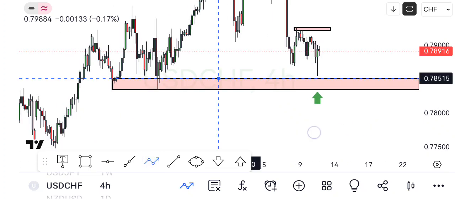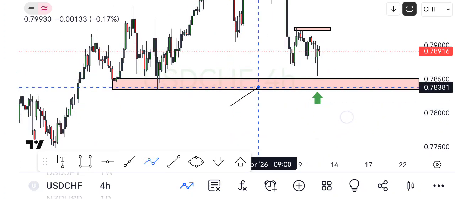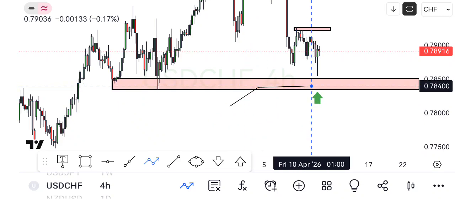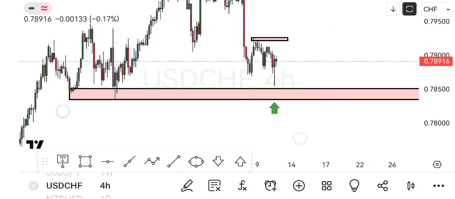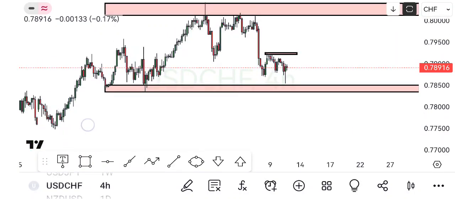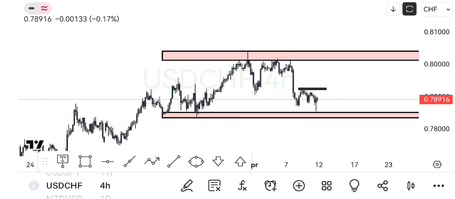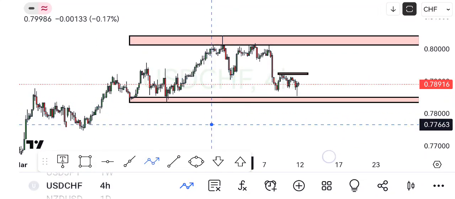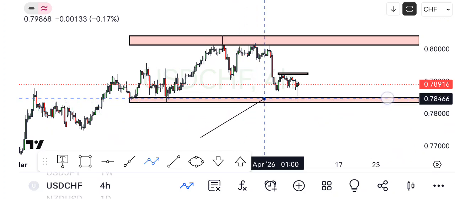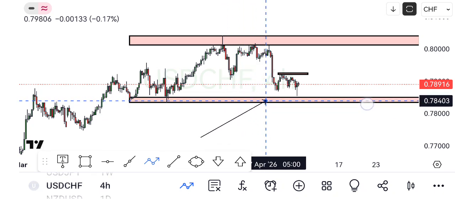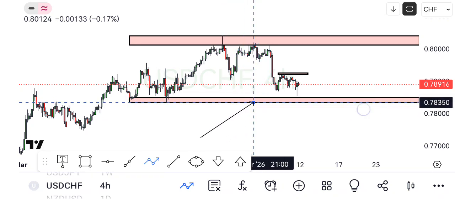Okay, this area right here is the one that you saw me, sorry guys. Yeah, this resistance, this support is the one that I was talking about on the daily, this one, right?